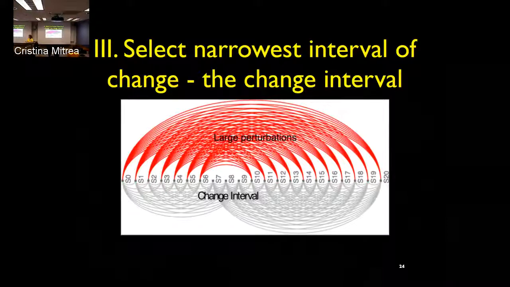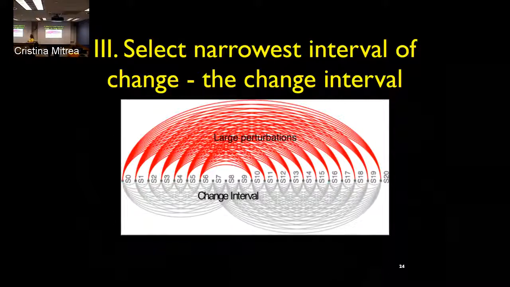So after we identify the high and low changes, in this case, we have large perturbation, and this is the example for the E. coli flagellar building for our simulation data. We have large perturbations, and we have small perturbations. And we can see that our large perturbations reinforce each other to the point that we can identify states that are before our change interval and after our change interval.